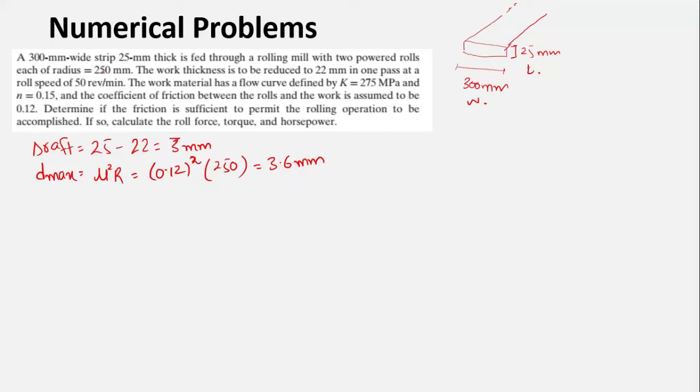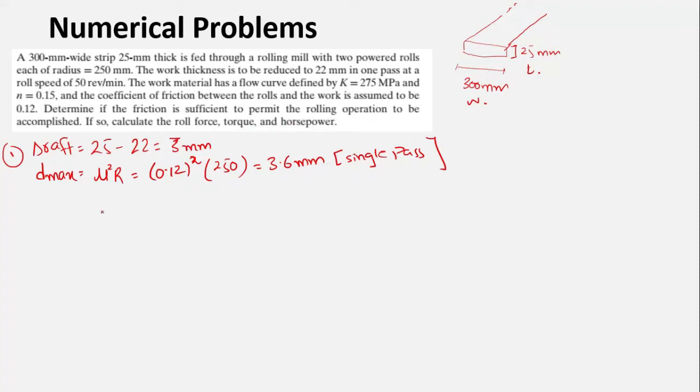Based on this roll radius and the amount of friction between the work part and the roll, this is the maximum possible draft that can be produced in a single pass, right? And obviously it is more than what is required, so it means we can perform this operation. Now we have verified that this operation can be performed based on the roll radius.